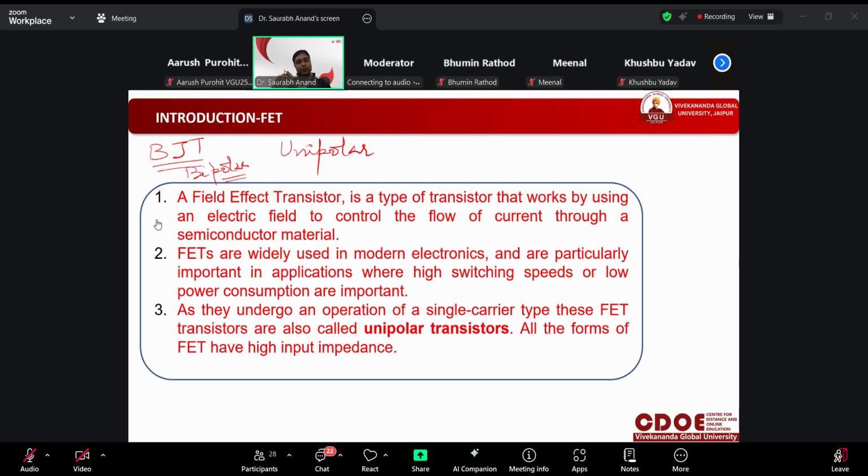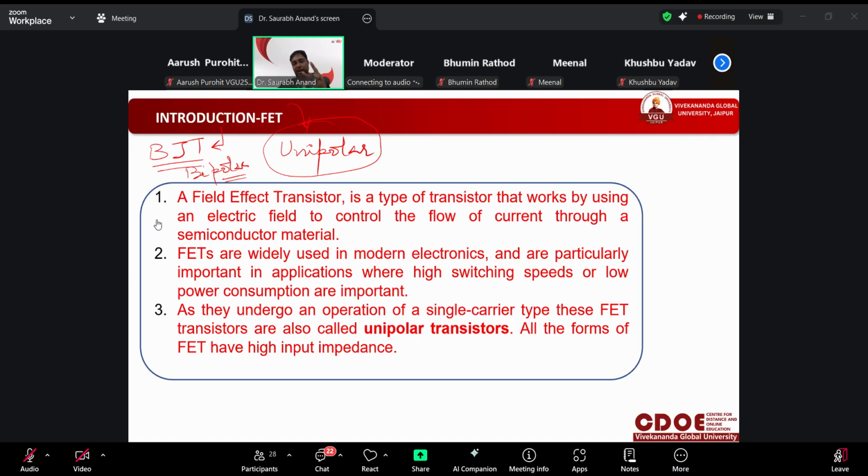Both holes and electrons play a role in conduction, meaning to flow the current, both will work. But in the case of FET, only one charge carrier is required, either hole or electron. Both will not work. So FET is unipolar, and the PNP and NPN transistors were BJT, bipolar junction transistors.